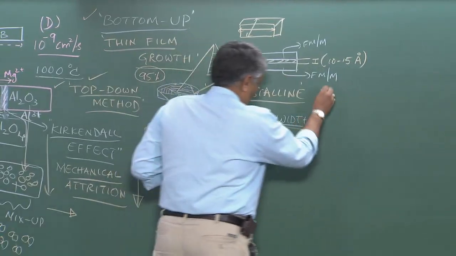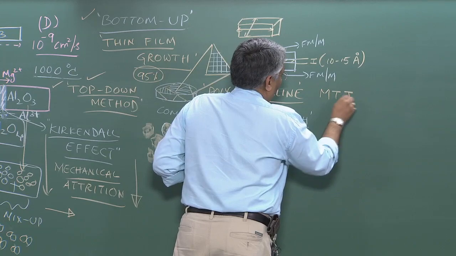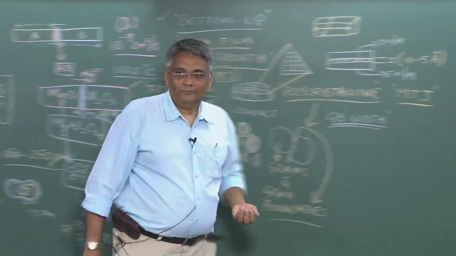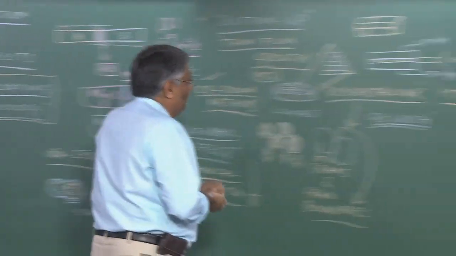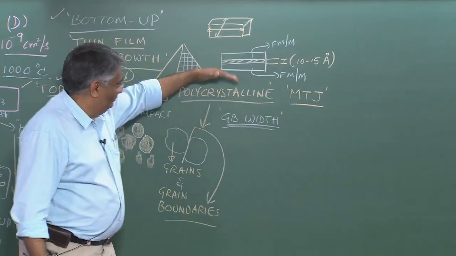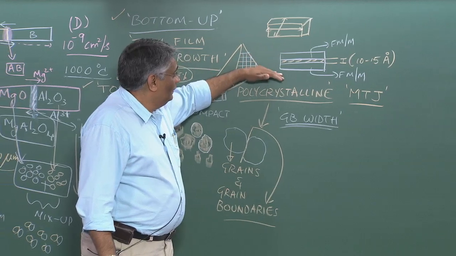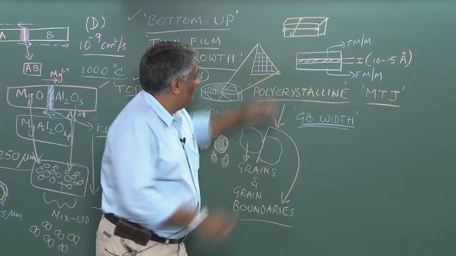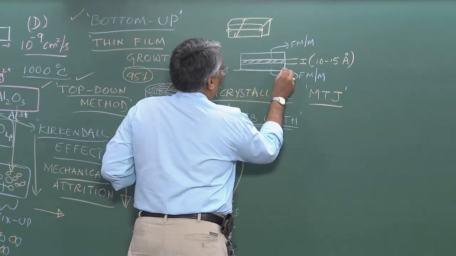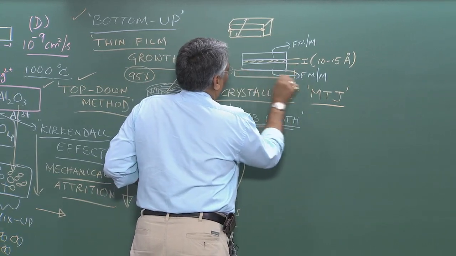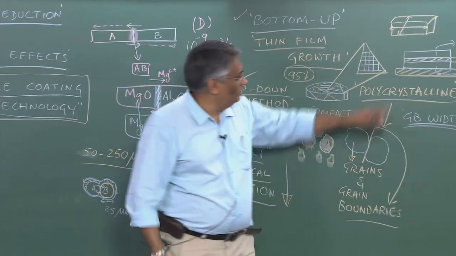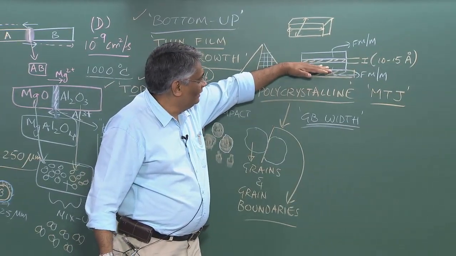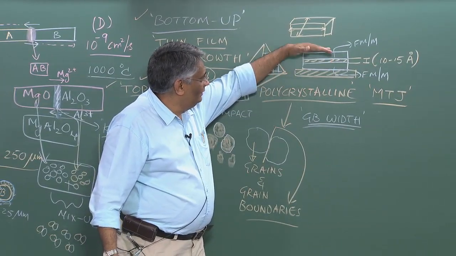This forms a typical magnetic tunnel junction. I'll explain how this magnetic tunnel junction works, but we have seen the creation of such structures. Such structures can be created on a given substrate.